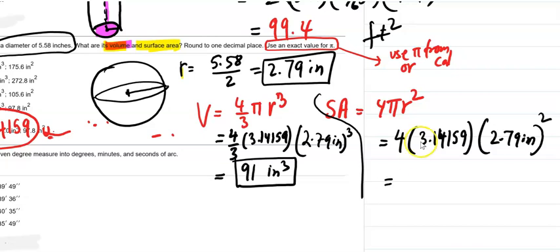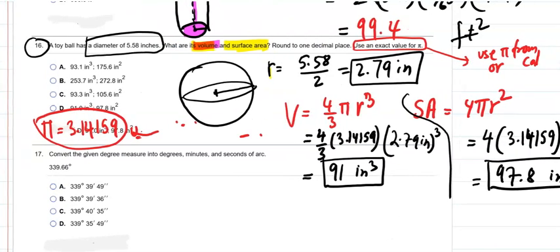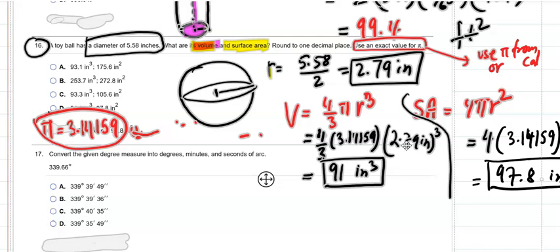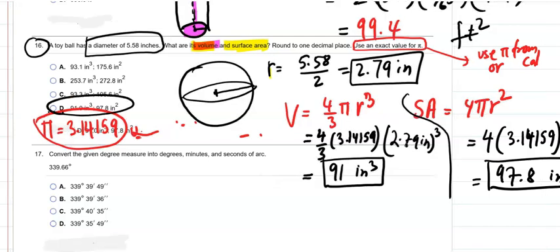So you multiply 2.79 times 2.79 times 3.14159 times 4. If you do all together, you get the surface area as 97.8 square inches. So that gives you the answer for D. Okay, answer D.